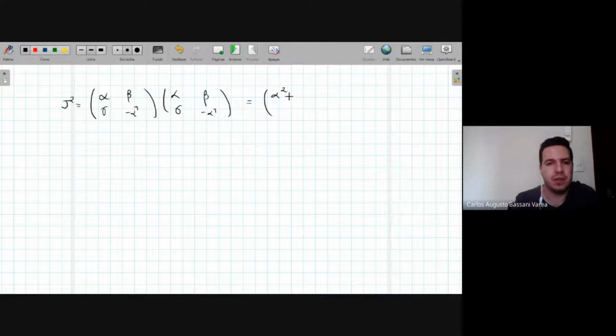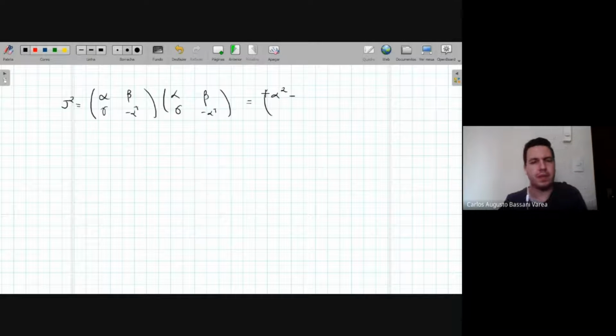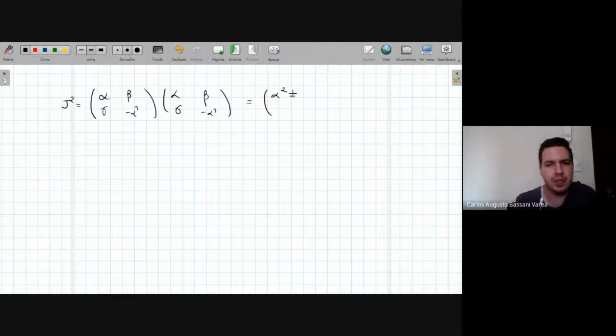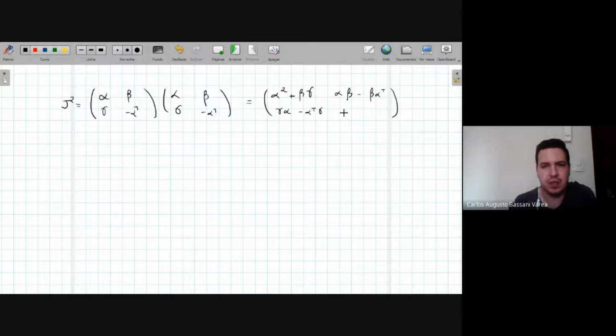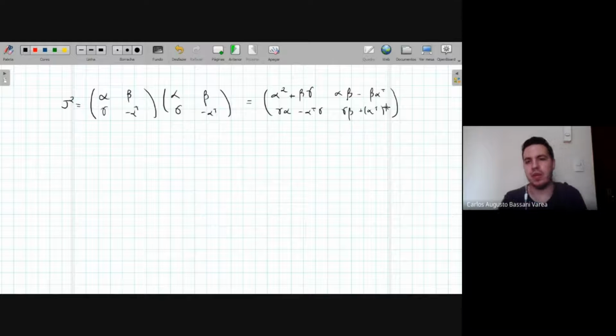We have alpha squared plus beta gamma, alpha beta minus beta alpha transposed, gamma alpha minus alpha transposed gamma, and here we have gamma beta plus alpha transposed squared.